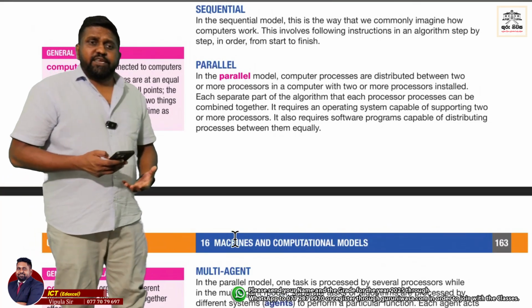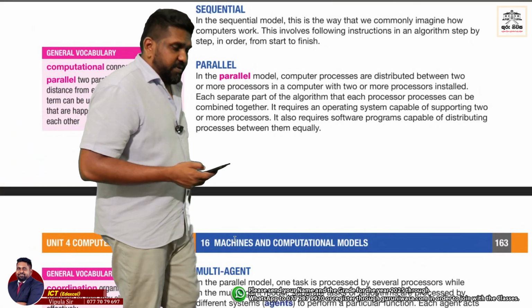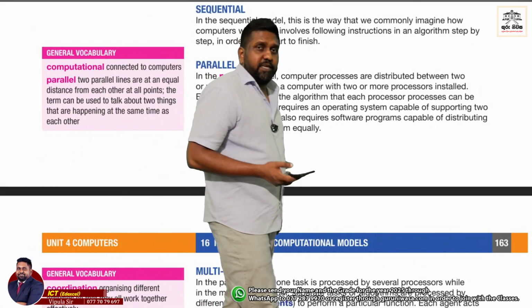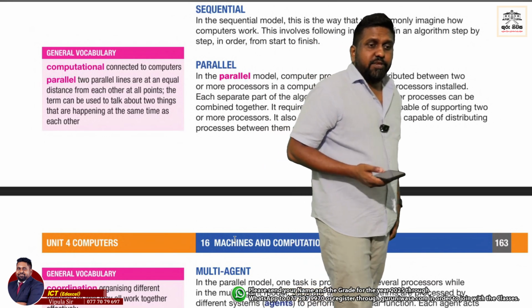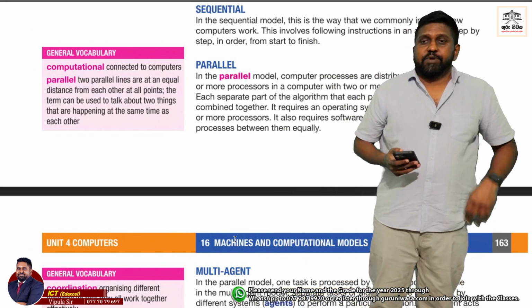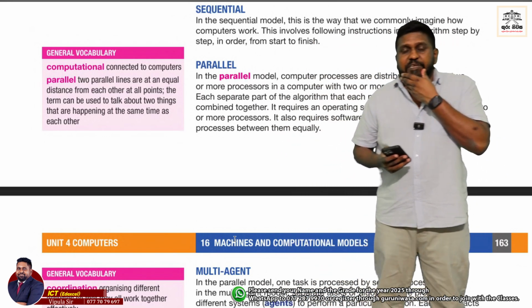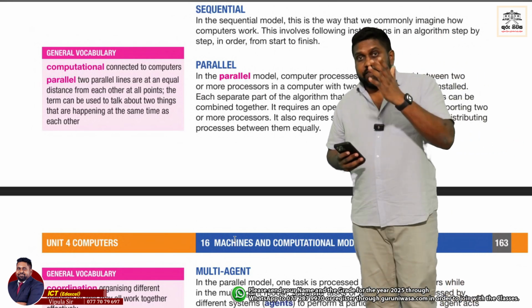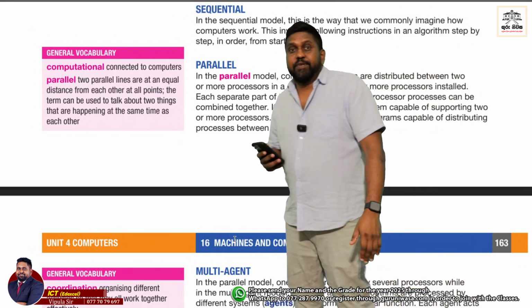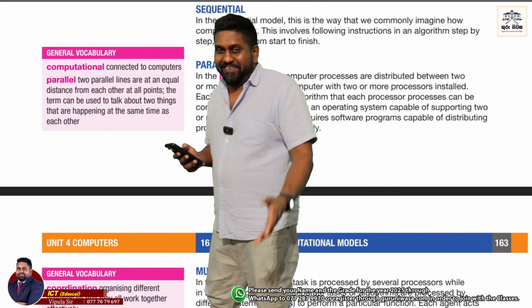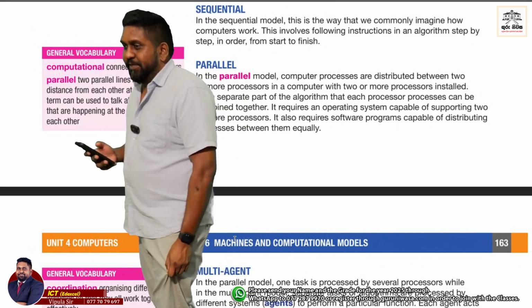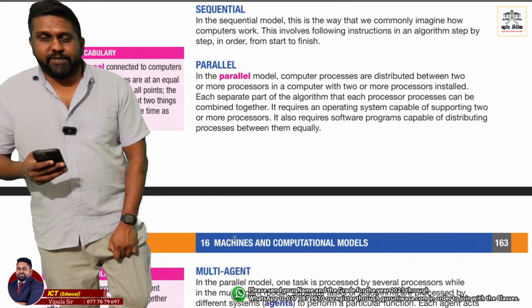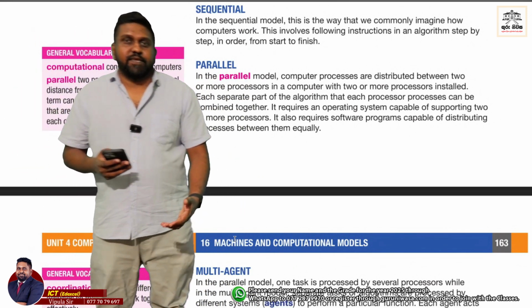So why do we need parallel computing? Yes, gaming and processing and all these types of things, that's obviously required. But apart from that, we will learn about parallel computing when we jump into the networking module, which is the next unit. But just for the moment, you need to understand this.